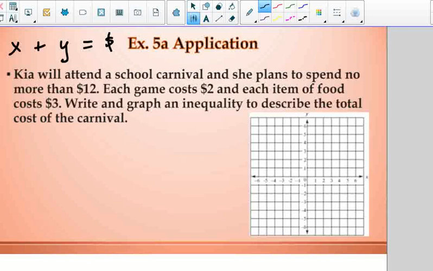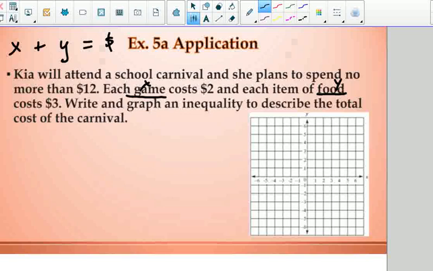So my x is always going to be what's listed first. They're spending money on each game, so that's my x, and each item of food, which is my y. So I would always go in order. Whatever's listed first is my x, whatever's listed second is my y.